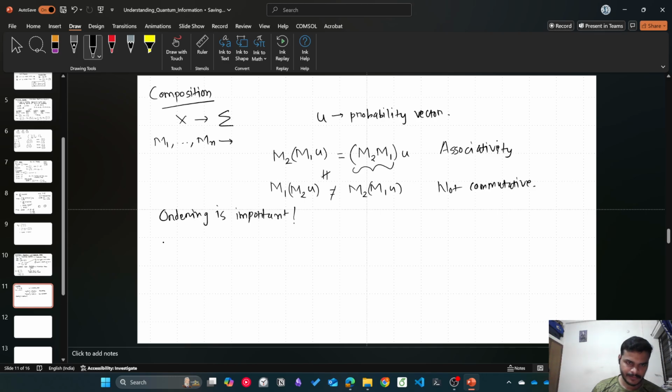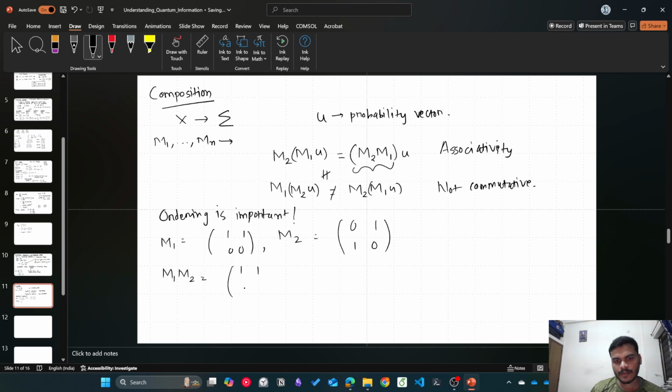Now let's prove it. Let's take M1, which is 1, 1, 0, 0. Let's take M2, which is the NOT operation, 0, 1, 1, 0. Now let's multiply M1 and M2. So it is 1, 1, 0, 0 times 0, 1, 1, 0. Multiplying it, this is 1, this is 0, this is 0.